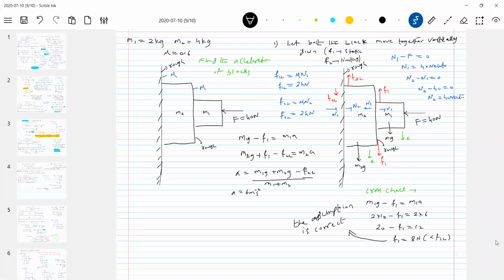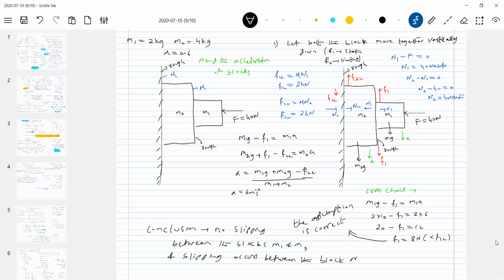So therefore, what is the conclusion? No slipping between the blocks M1 and M2, and slipping occurs between block M2 and the wall.